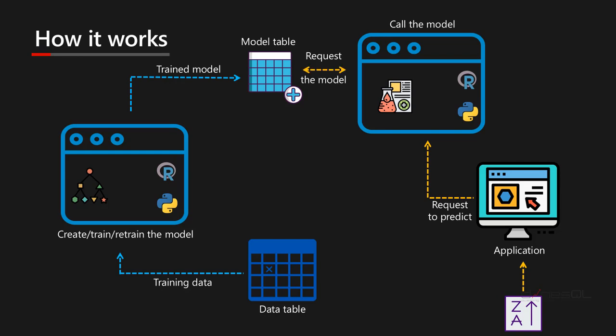It gets the required model, because this table can hold multiple models, one for classification, one for regression, and so on. So this stored procedure has to make the right call, take the model from the model table, and use it for prediction with the input received from the application. Once the predicted value is produced, it can be sent back to the application. So this is how it has to be done.